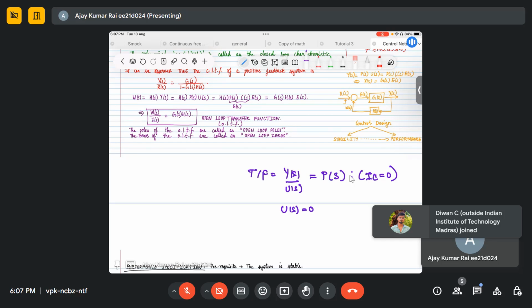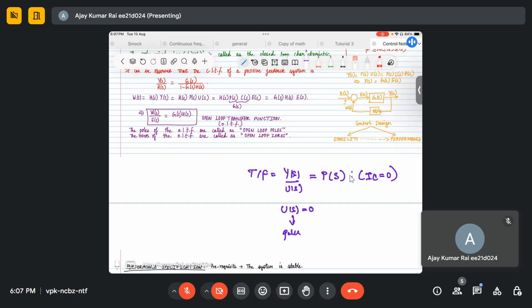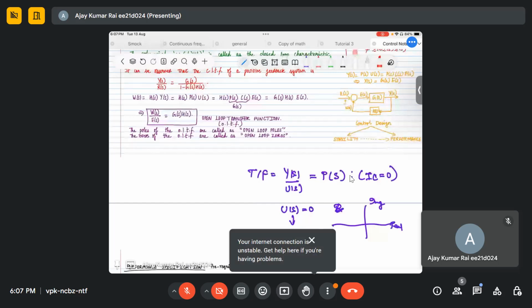By finding the poles of the transfer function, you can determine whether the system is stable or not. This is the complex plane, with the imaginary axis and the real axis, and this is the left half plane.